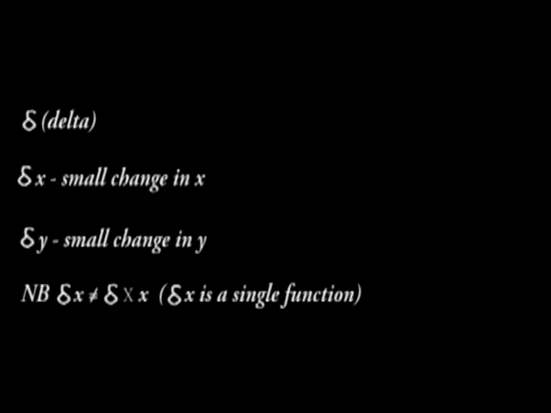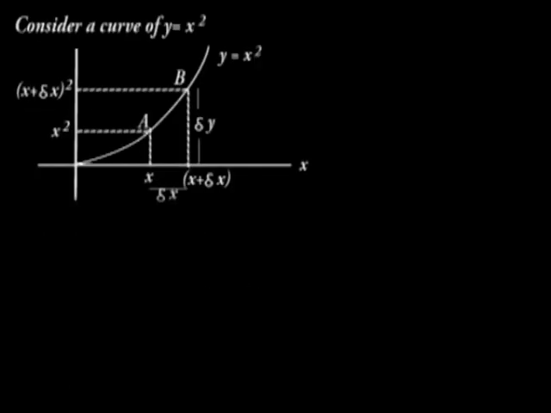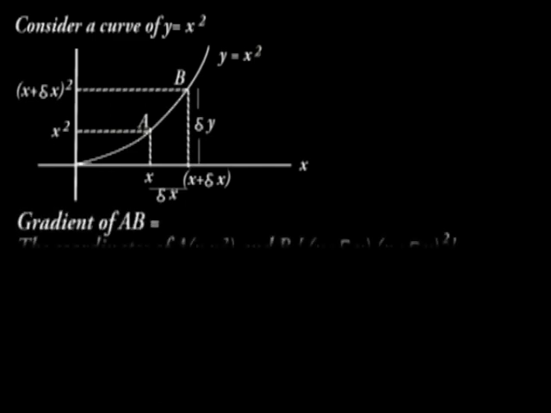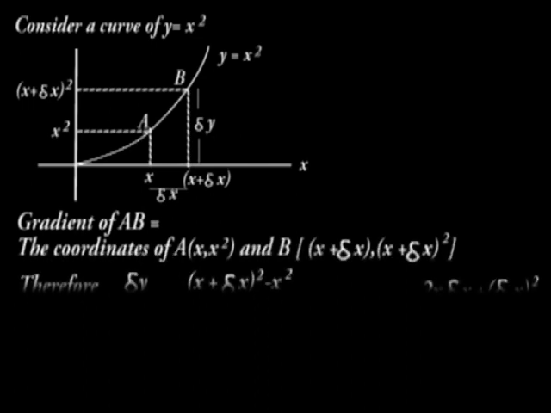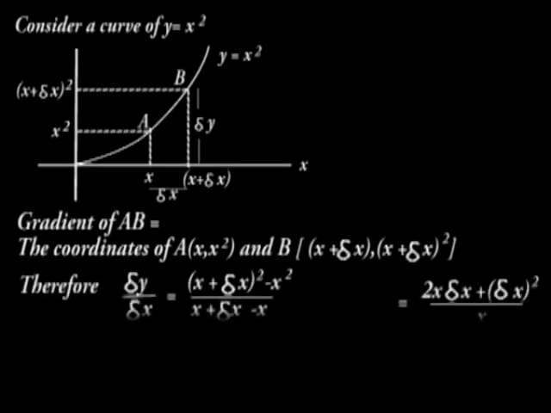We can now obtain the gradient function of a curve using delta instead of h. Consider a curve y is x squared again, as shown below. The gradient of AB is delta y over delta x. The coordinates of A are x, x squared, and B are x plus delta x, x plus delta x squared.